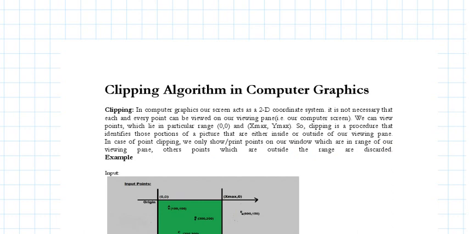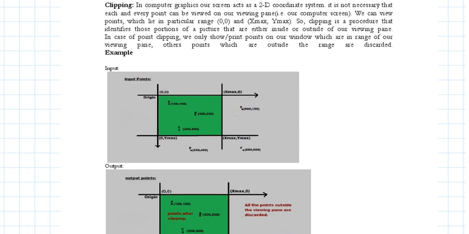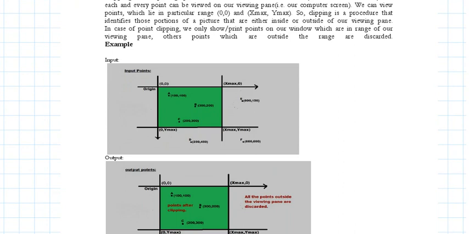For example, just look at the viewing window in the example of the tutorial. The green region is your viewing window. Entire gray region is your world. You have 5 points here: point A, point B, point C, point D and point F.